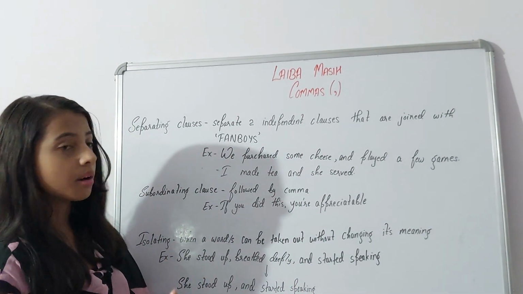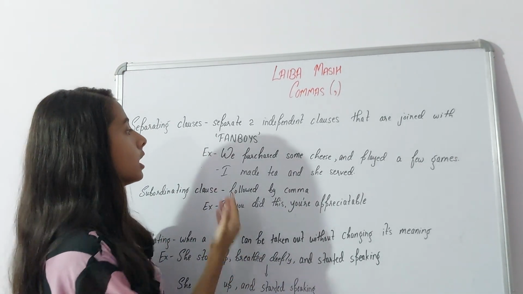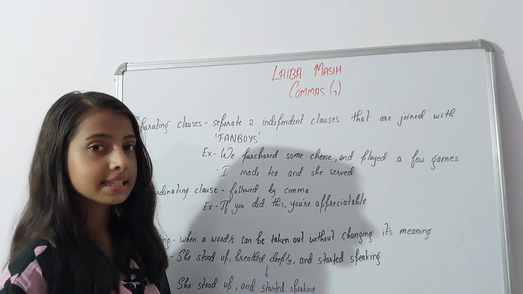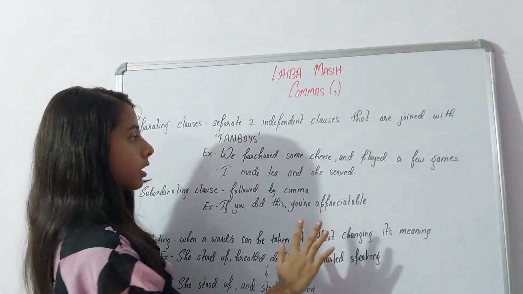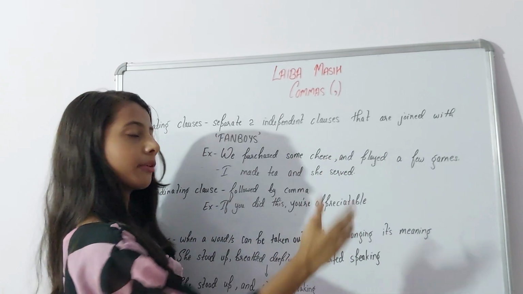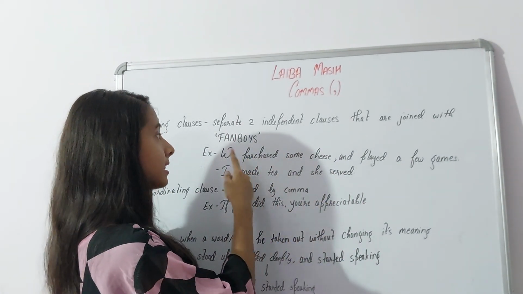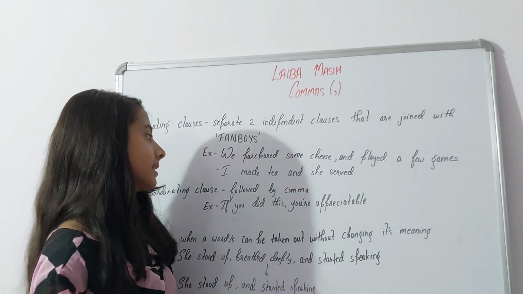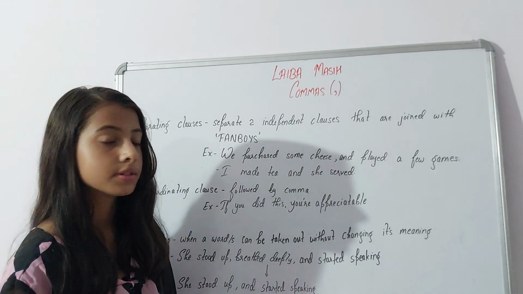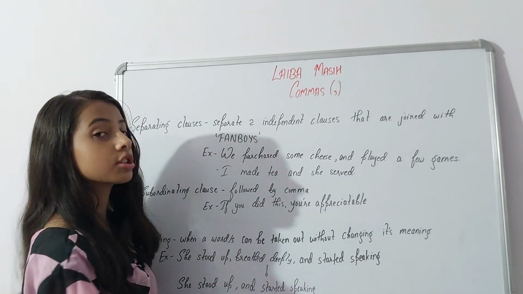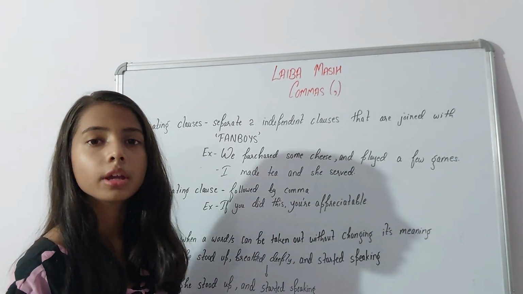So now taking an example to make you understand better. We have an example: we purchased some cheese, comma, and played a few games. So here we're adding a comma before and, that is before the conjunction, and that is included in the fanboys. Next, the example is, I made tea and she served. Now here also we have the conjunction and, but then you might think, why are we not adding a comma over here?